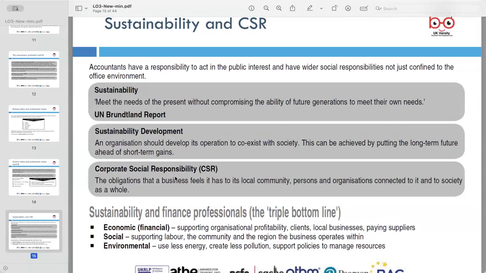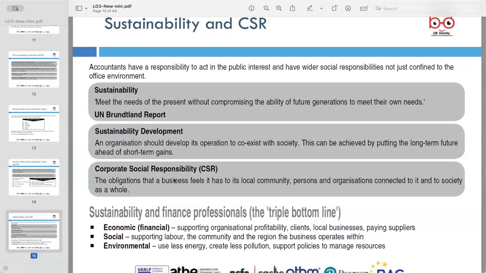Economic responsibilities involve supporting organizational profitability and contributing to local economies. Social responsibilities entail supporting labor and communities in the regions where the business operates. Environmental responsibilities focus on minimizing environmental impact, conserving resources, and supporting sustainable practices.